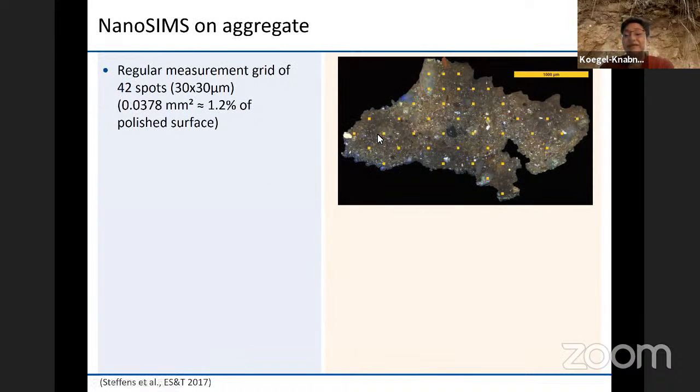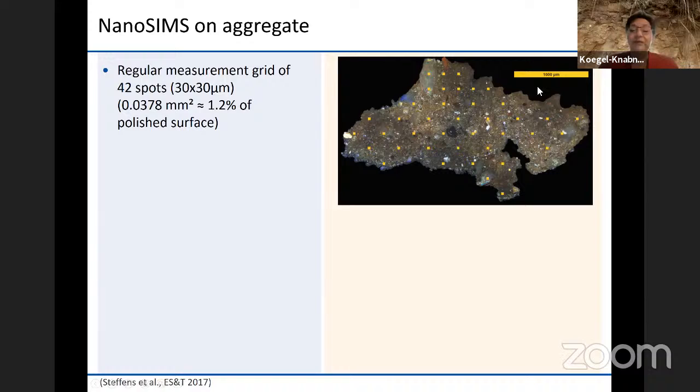This is this aggregate again, and we measured a regular grid of 42 spots. The yellow spots indicated here are just for visibility. They are much larger than the surface that we looked at with NanoSIMS, because this looks at spots of 30 by 30 micron.